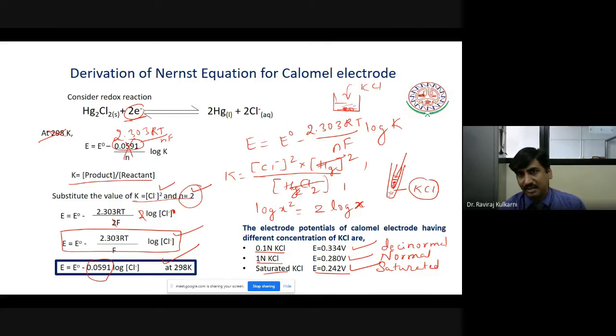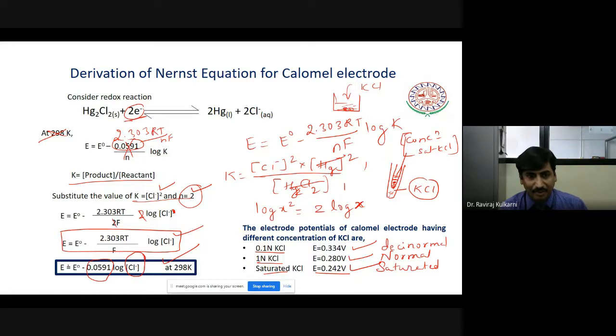That is saturated. Can anyone calculate the concentration of saturated KCl? From this equation, you can calculate the Cl minus ion concentration.